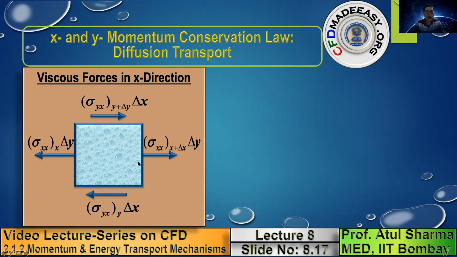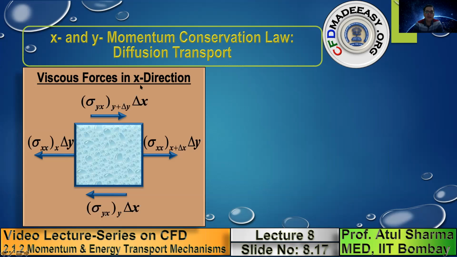Note that in the previous slide I showed you the x momentum flow rates in the x direction. Here I am showing you all the viscous forces in the positive x direction. On the vertical surfaces, the stresses are the normal viscous stresses, and on the horizontal surfaces, these are shear viscous stresses.